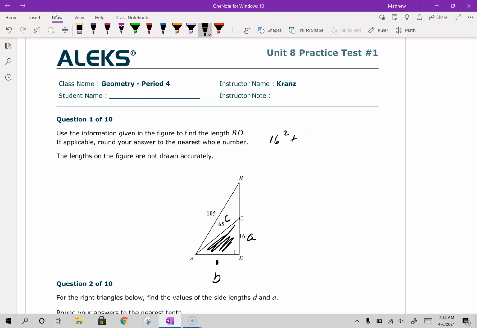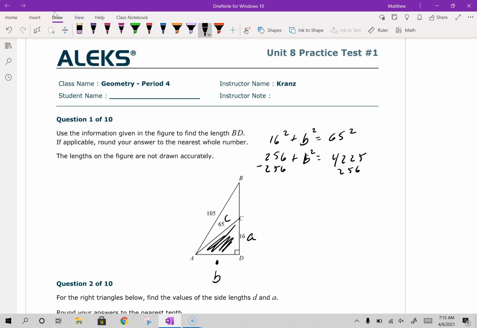16 squared plus b squared equals 65 squared. So 256 plus b squared equals 65 squared, which is 4225. Minus 256.